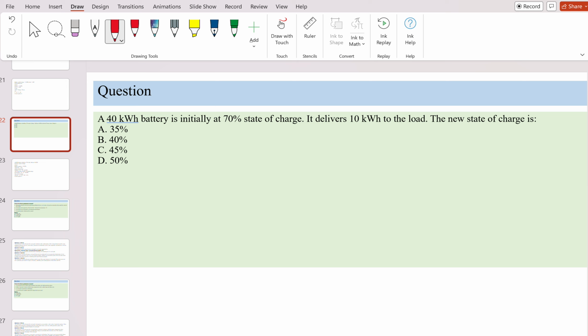Okay, option B, I got one. Let's wait for a few more minutes. Others also to solve. Take your time, okay? No problem.